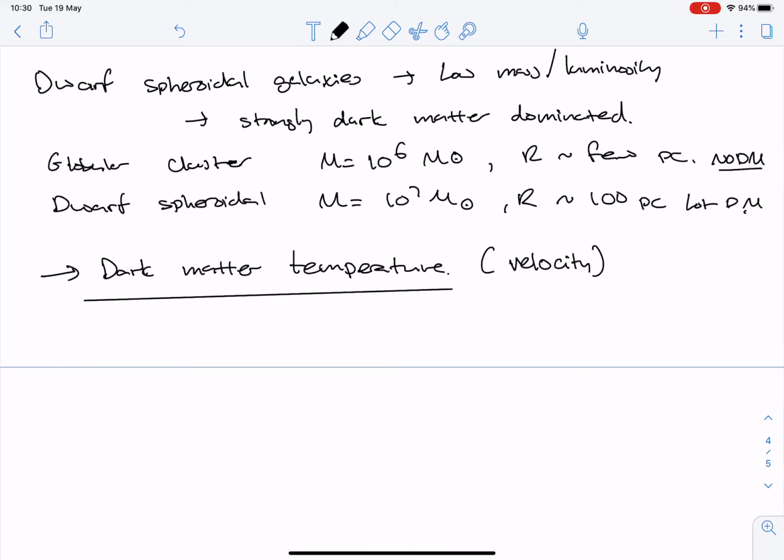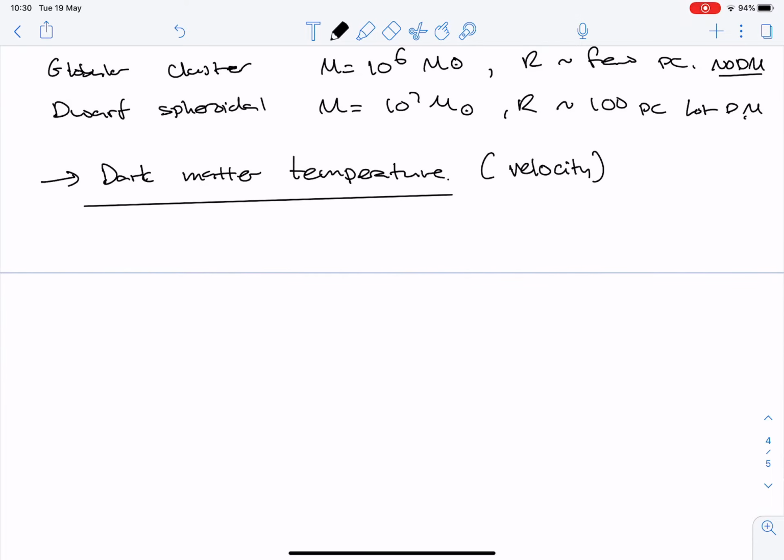And so dark matter consists of something, we don't know what it is, whether it might be an elementary particle, it might be an astronomical object, but it has some characteristic velocity at which it moves. And so dark matter, it might be hot, and that means that it's relativistic.